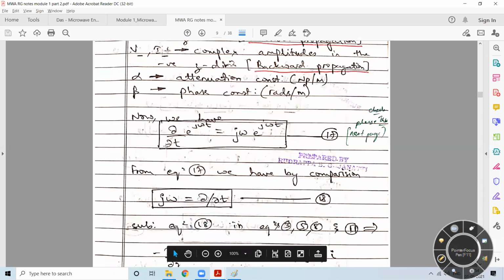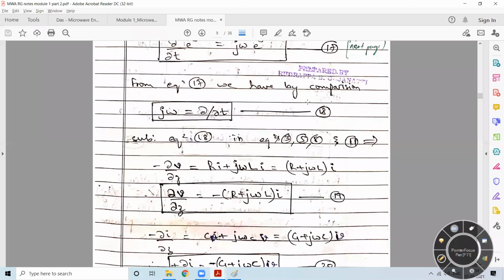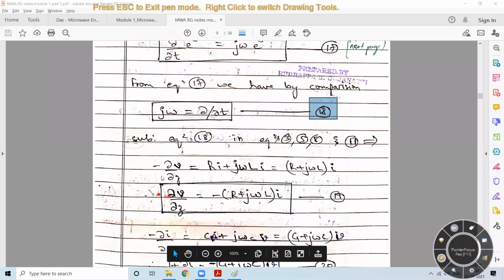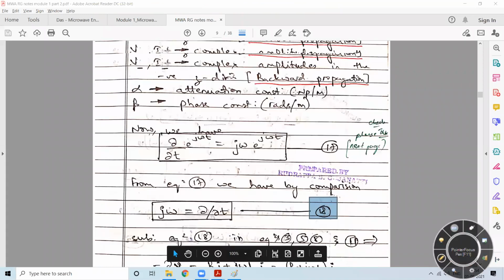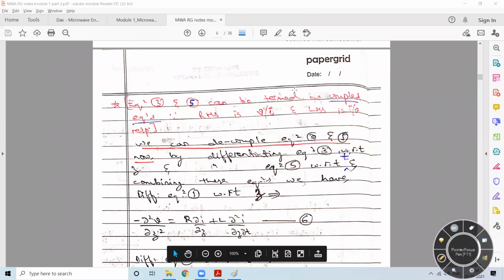Here, when we substitute equation 13 in the previous equations that we had obtained, the coupled and the decoupled equations, we get these equations specified over here, that is minus dou v by dou z is equal to r into I plus j omega L into I. We can just check one equation, and for the remaining it will be the same analysis.